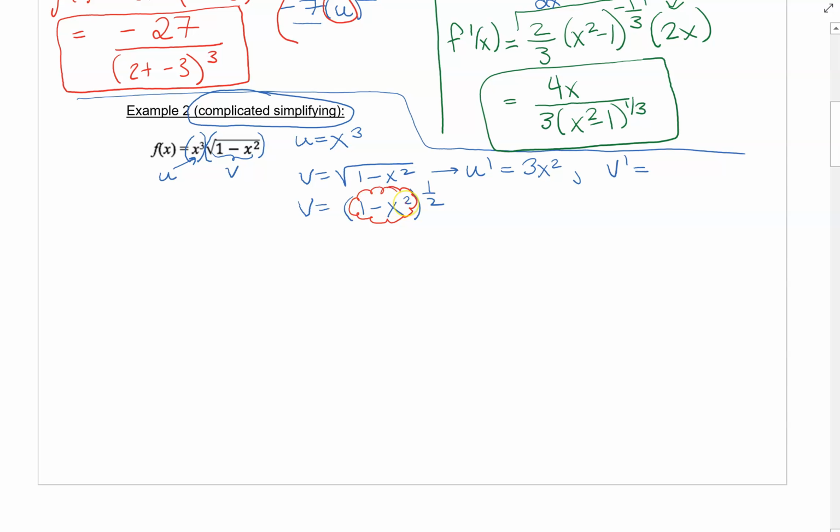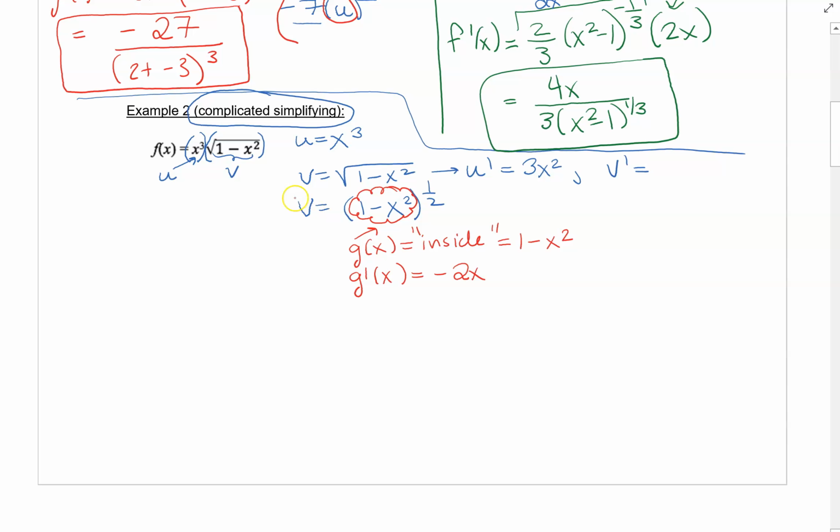It's something other than x plugged inside. So let's think of that. Since I'm already using u for the product rule, let's think of that as my g of x, so to speak. My inside function, right? So that is 1 minus x squared. So then g prime, the derivative of that inside function, would be negative 2x.